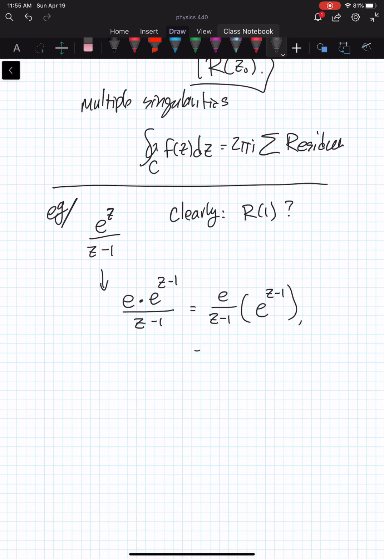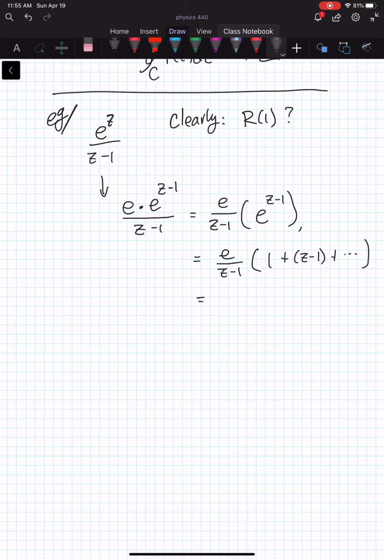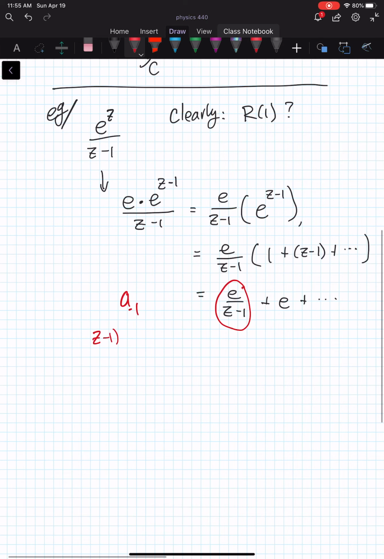That's equal to e over z minus 1 times 1 plus z minus 1 plus and so on. So the expansion itself becomes e over z minus 1 plus e plus all these other terms. And remember that we're looking for a sub minus 1, in this case the coefficient of z minus 1 to the minus 1. So our residue at 1 in this case is equal to e.